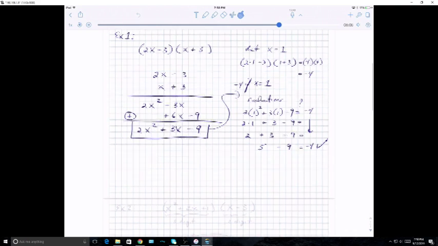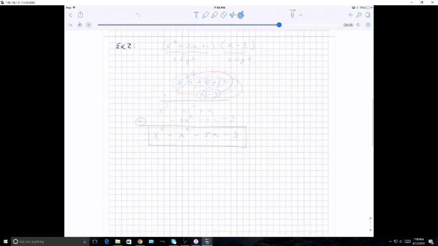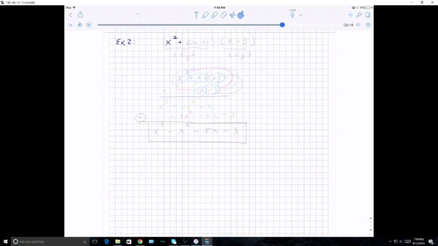So let's try a little bit more of a difficult problem here. And try example 2 and set this up. So let's just set up x squared plus 2x plus 1, and let's multiply this all by x minus 3. So again, we can test this out to see how our classic multiplication works.